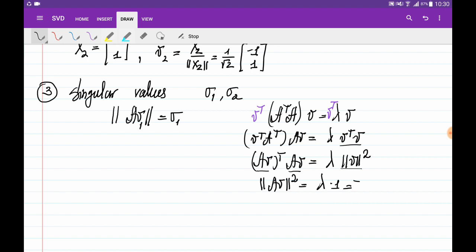Since we denoted the norm as sigma, sigma squared is equal to lambda. So sigma is the square root of lambda.